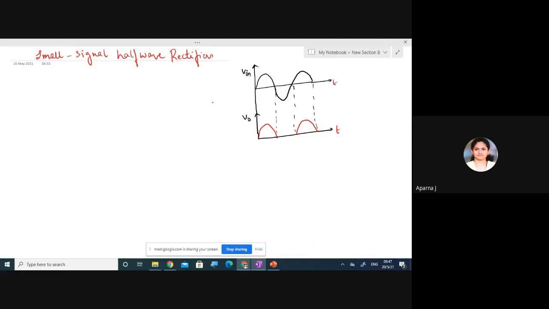Okay. Now I need an op amp circuit where I should get only the positive cycle and the negative cycle should not be present. So I'll take the help of a voltage follower circuit.